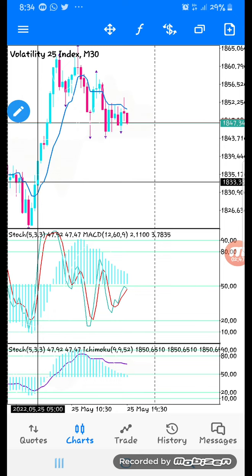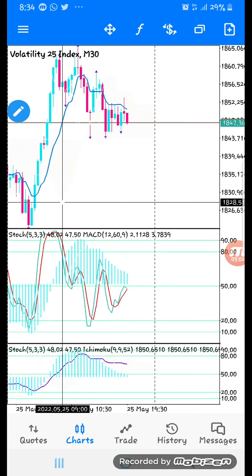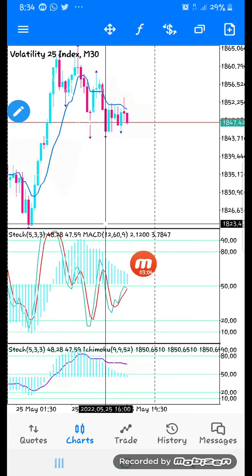Note the criteria you should be looking out for before entering in a setup like this. First, the Ichimoku should have given you a curve movement. If it is a bullish setup, it will give you a curve movement upward. If it is a bearish setup, it will give you a curve direction downward.